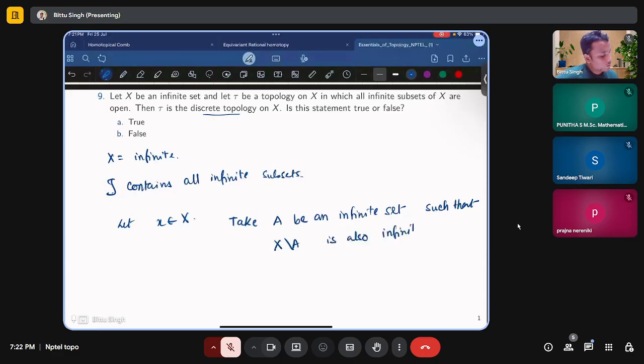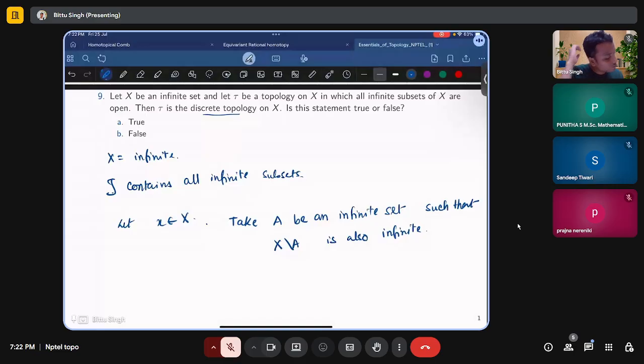If we take those two sets, then either x belongs to A or x belongs to the other piece. So without loss of generality, let x belong to A. Suppose this holds.